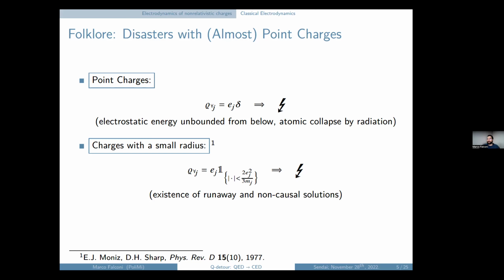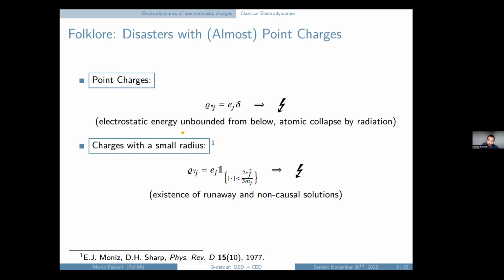And since the energy is unbounded from below, it will continue to decelerate continuously and will collapse on the nucleus in a finite time. So this is one of the contradictions that come from combining classical electrodynamics with charges distributed in a single point.